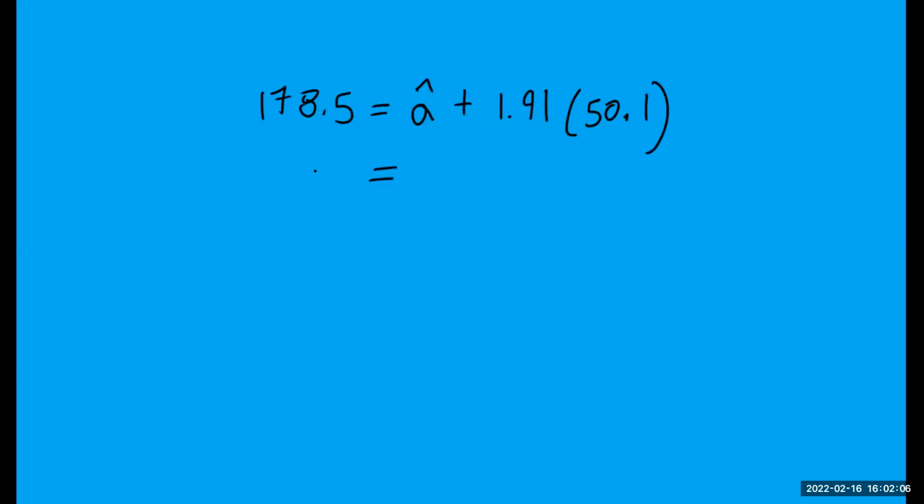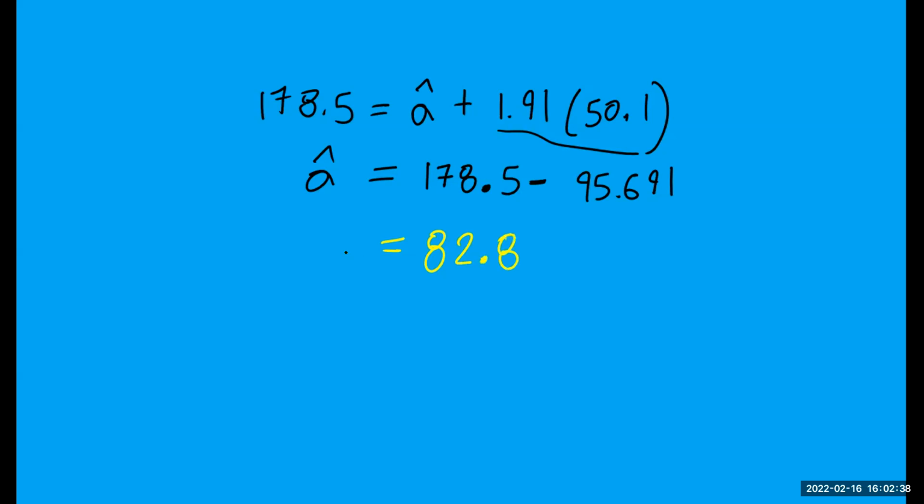Transposing for a hat, 1.91 times 50.1 is 95.691. So a hat is 178.5 minus 95.691, and keeping it to 3 significant figures, a hat is 82.8.